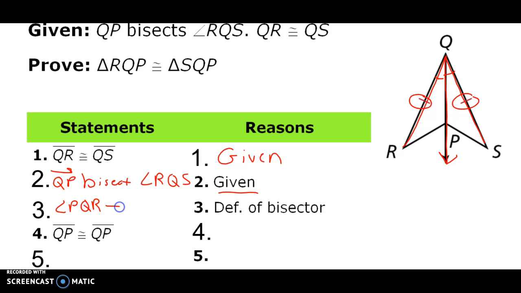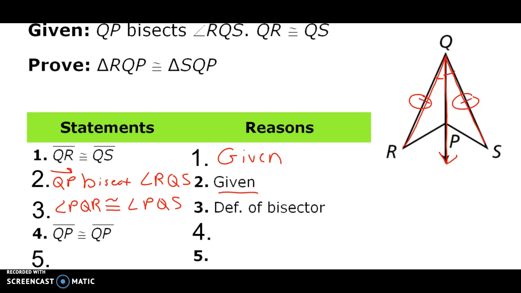PQR is congruent to angle. Now what could I name the right side of this? SQP or PQS, but Q has to be in the middle, because Q is the vertex. And we marked it. You got to mark it.